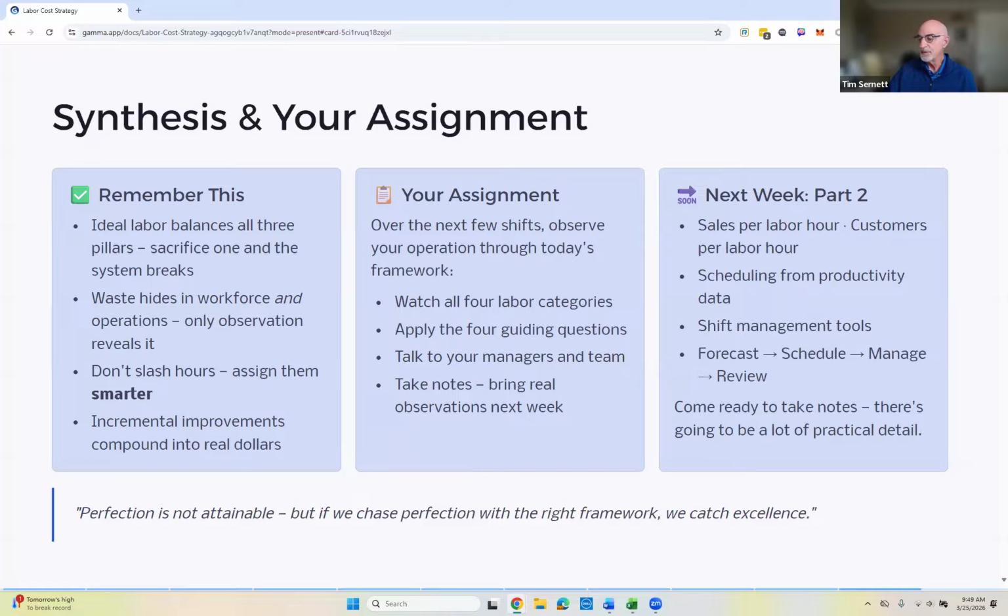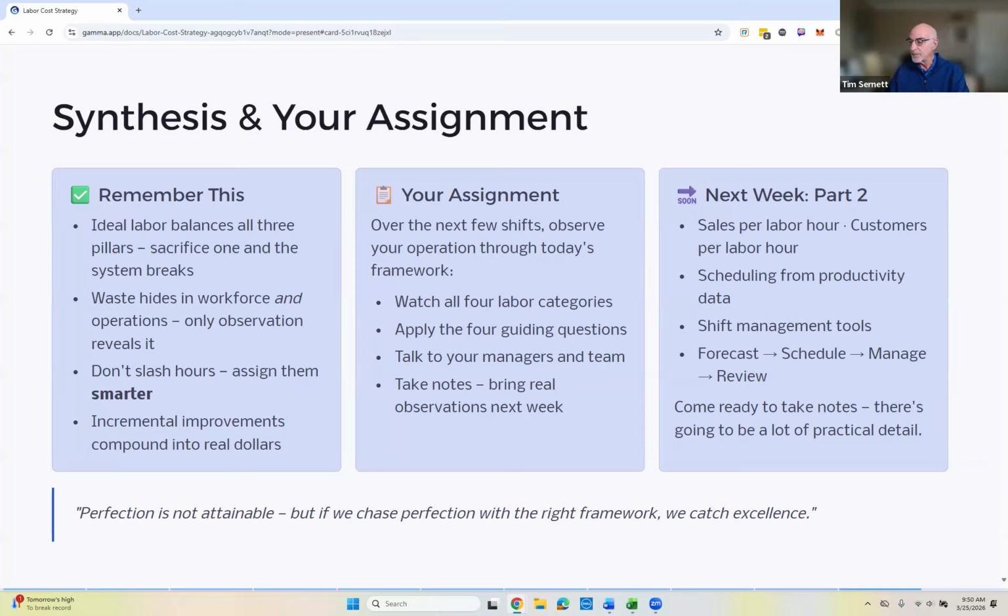The incremental improvements you'll find across the setup, prep, service, and cleanup compound over time into real dollars to the bottom line. Perfection isn't attainable, but if we chase perfection with the right framework, we can catch observation. So your assignment between now and next week is to apply the focused observation over the next few shifts.